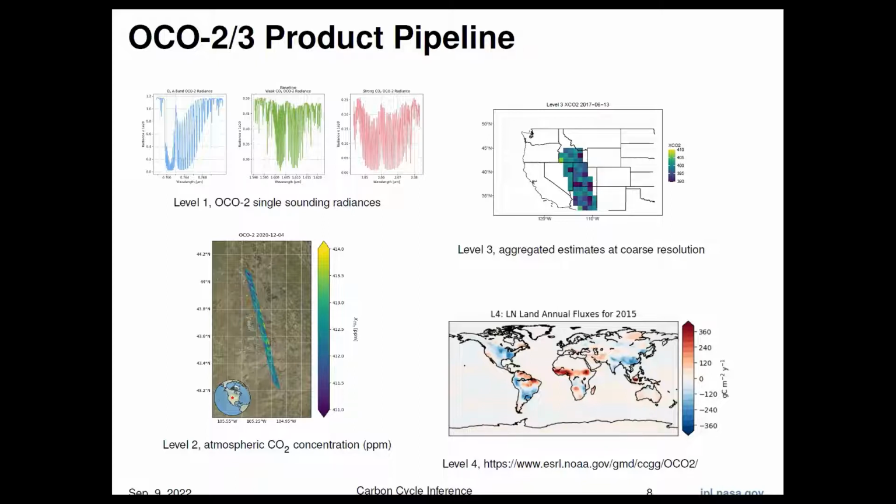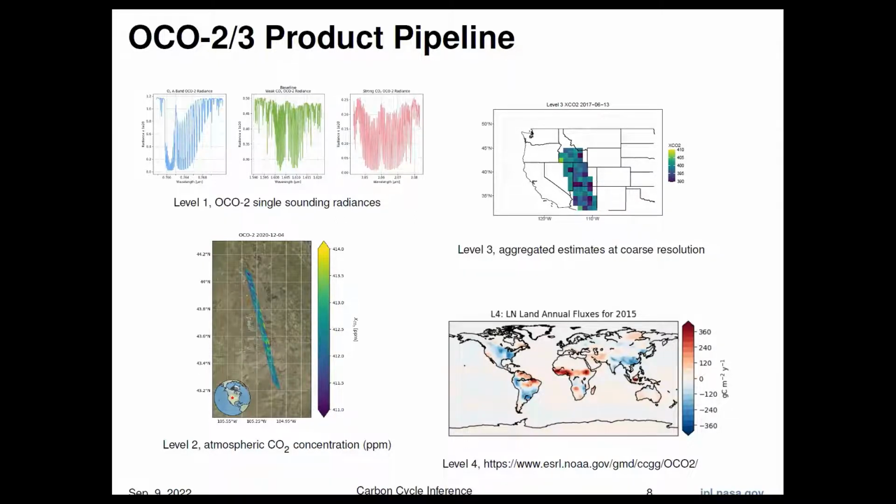They do make some attempt to resolve that more finely in the vertical, and get more information about CO2 near the surface versus higher up in the atmosphere, but that's a bit more challenging. Any other questions at this point?